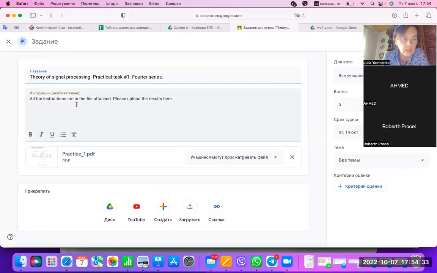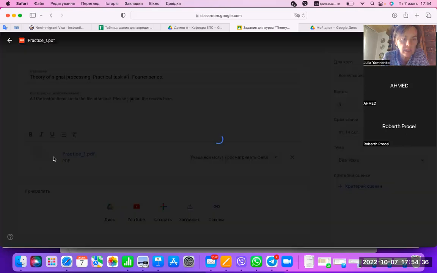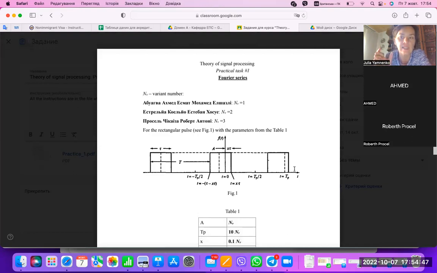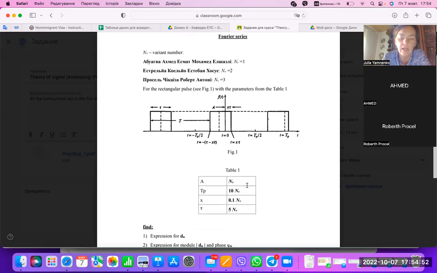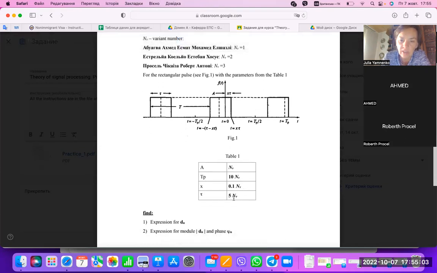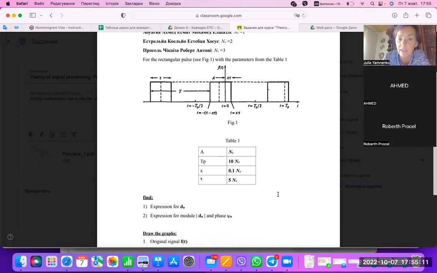And so your task is to calculate all of this like it was in the presentation. So you have the periodical sequence of rectangular pulses that are identical, and there are parameters that are assigned according to your variant. You have your number of variant 1, 2, and 3, and you can put it here in the table, and you obtain the set of parameters for your own signal that you have to analyze.